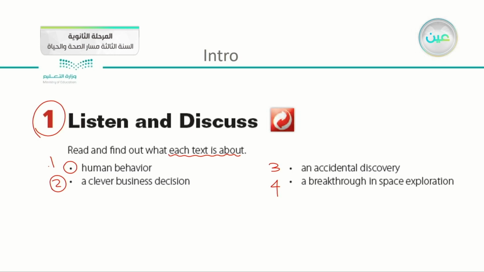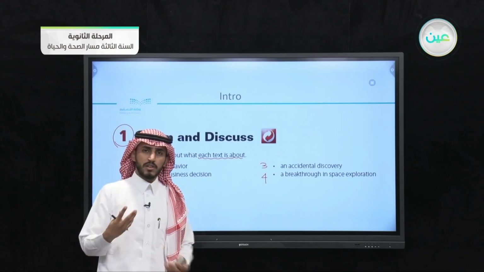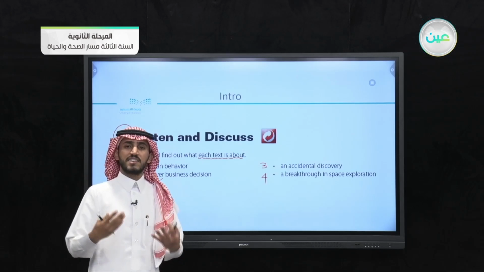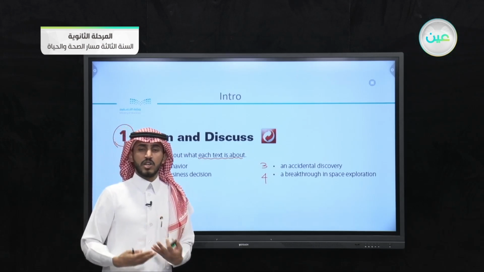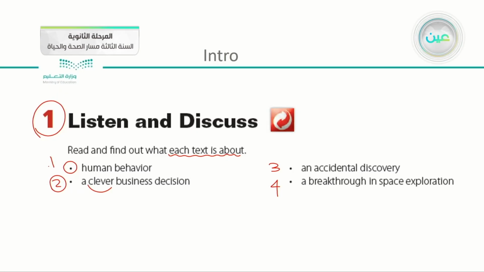And I want to explain the phrase clever business decision. It means someone who comes up with an intelligent idea about starting a business. So the word clever means smart, genius, intelligent, okay? An accidental discovery.